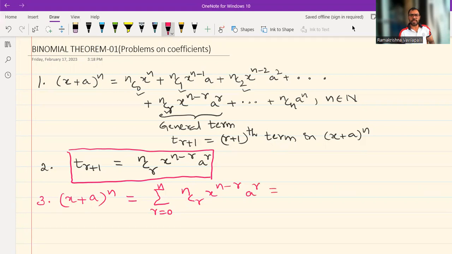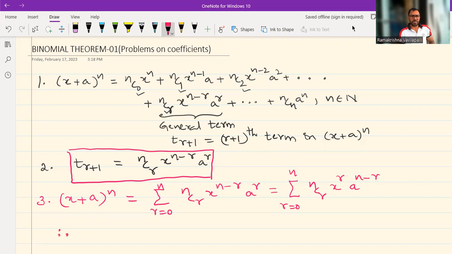Or we can also write it as sigma r equal to 0 to n nCr, we can write a first, next x also, so you can write here x^r a^(n-r).